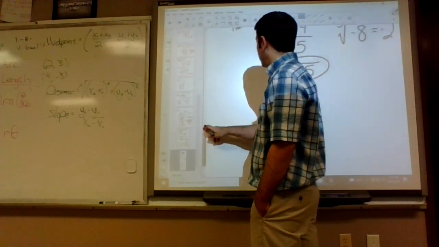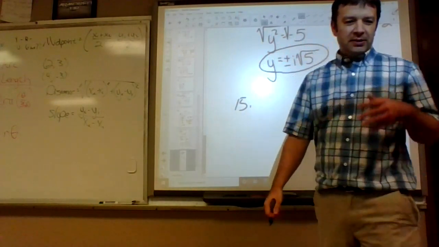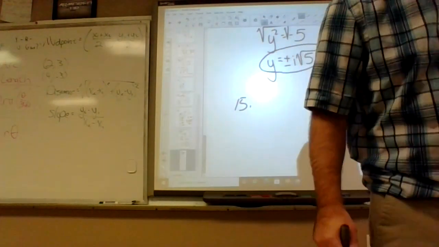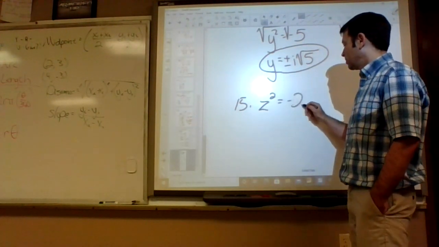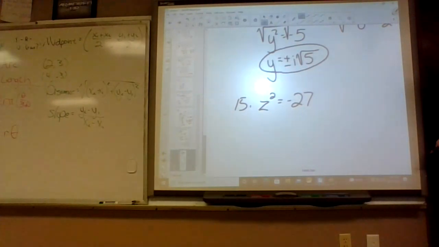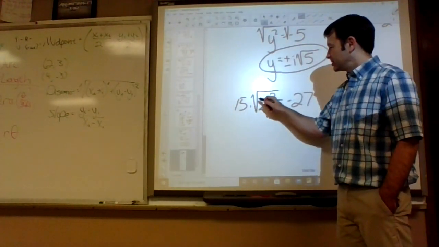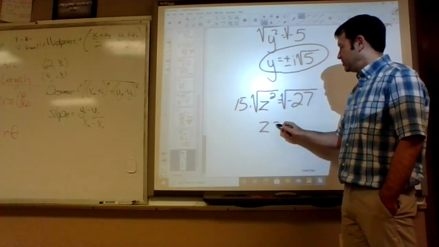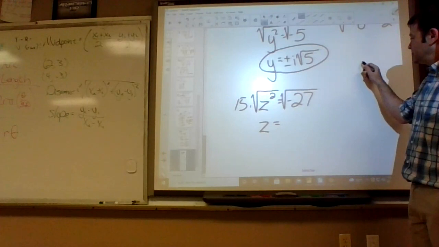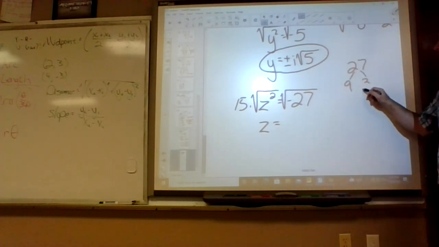Alright, where am I at? I was supposed to be doing 15, which is z squared equals negative 27. Okay, so we're ready for the square root. Z equals, does square root of 27 simplify?